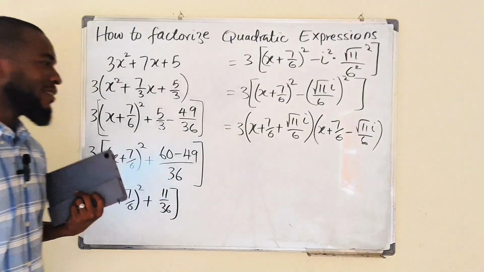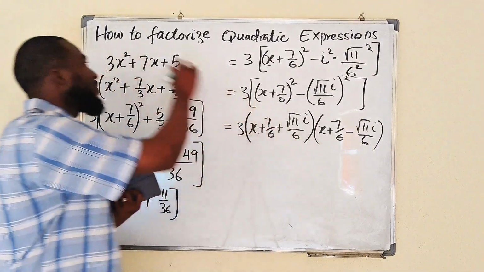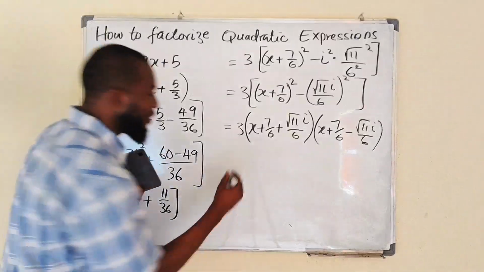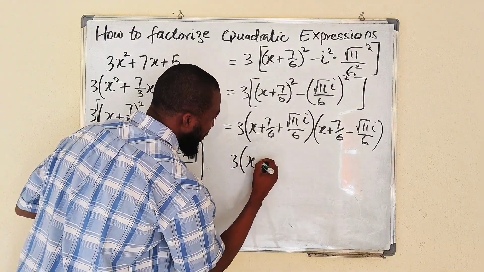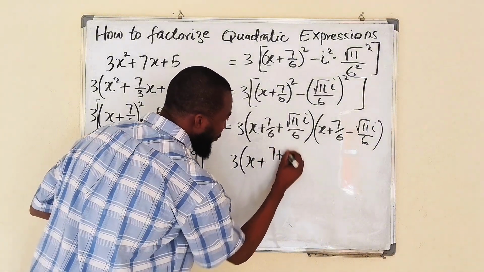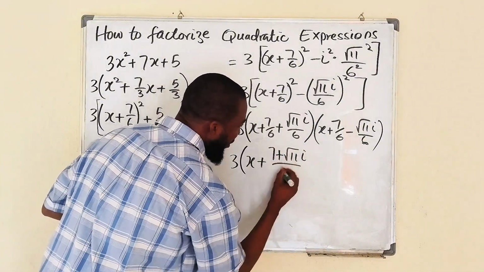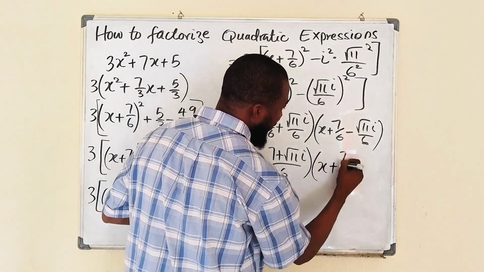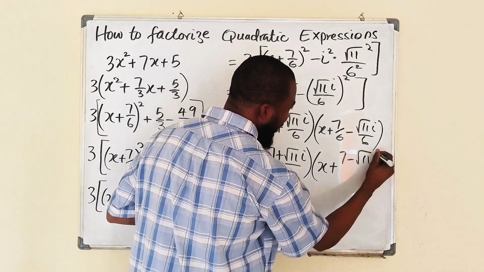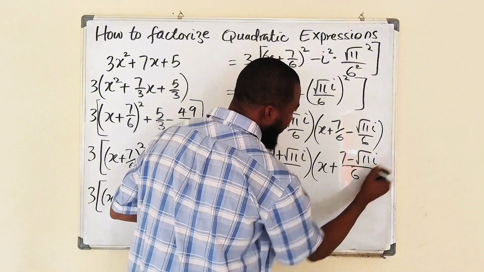We have factorized it. Just take this, multiply together, you shall obtain this. Let me simplify it further. This is 3 multiplied by x plus 7 plus root of 11i divided by 6 multiplied by x plus 7 minus root of 11i divided by 6.